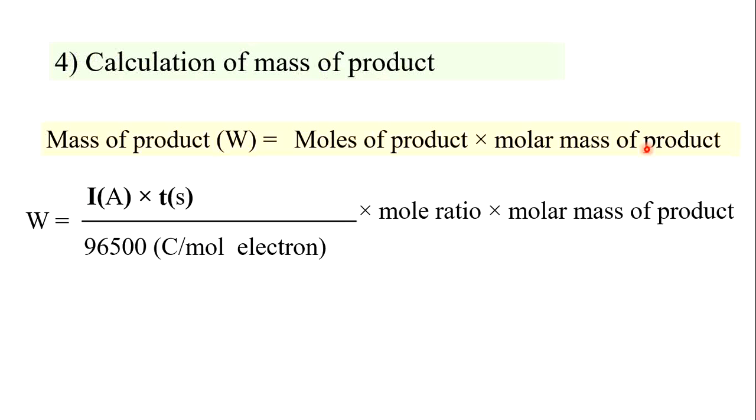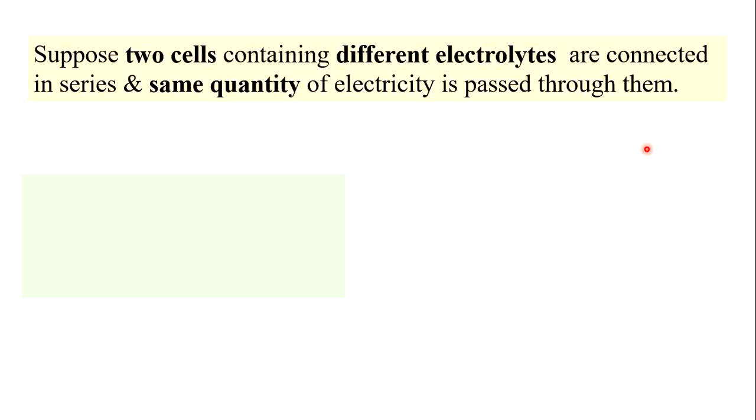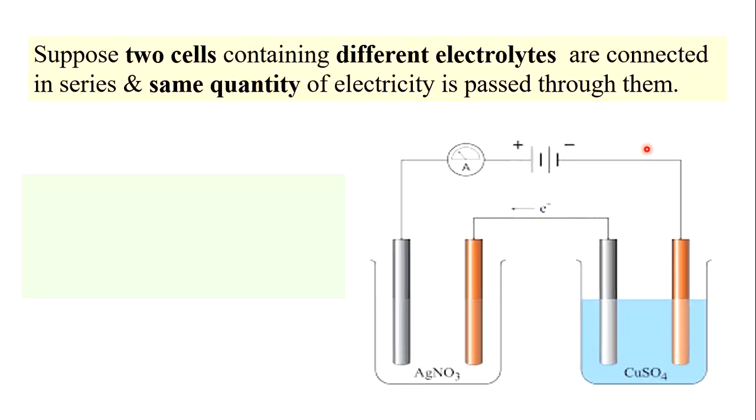Now if two cells containing different electrolytes are connected in series, and suppose the same quantity of electricity is passed through them, then what happens? What is the relation between the weights deposited at the respective electrodes? That we will see from this.